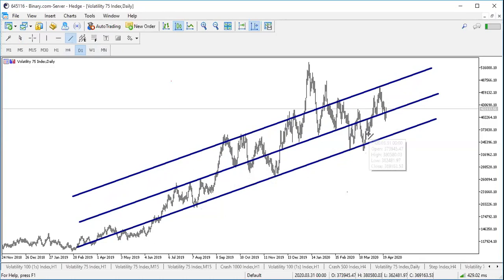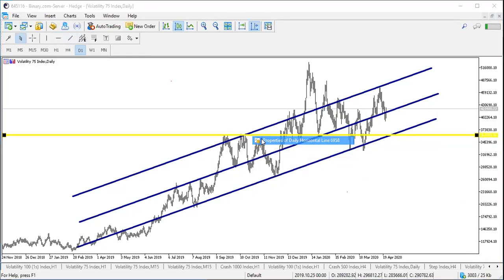We move on again. Move on to the supply and demand zones. Remember, these are horizontal lines, okay?